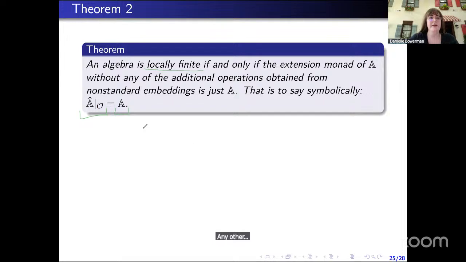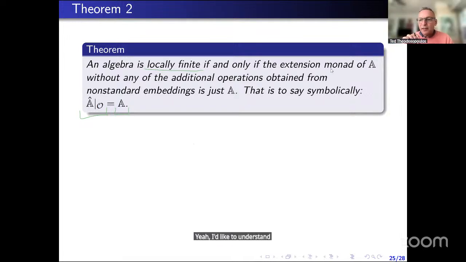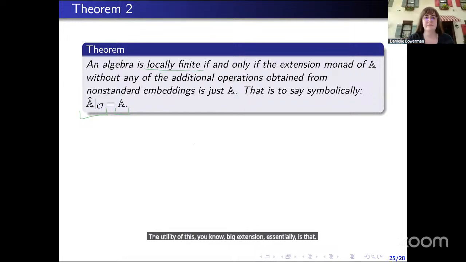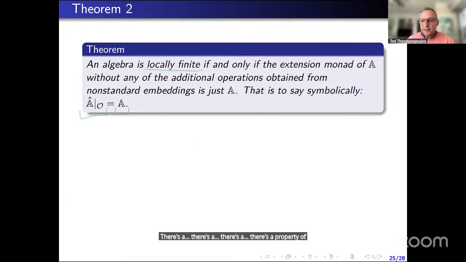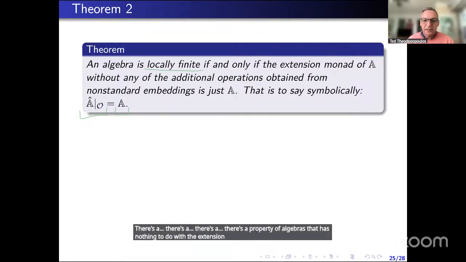Any questions about that? Yeah, I'd like to understand. So the utility, if I understand this correctly, of this big extension essentially is that there's a property of algebras that has nothing to do with the extension that we're very interested in, namely whether it's locally finite or not.